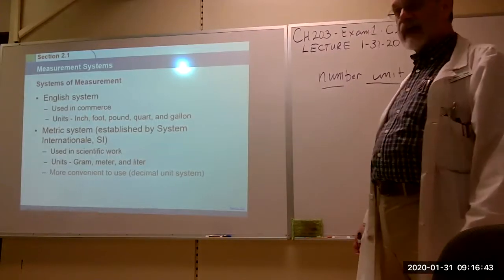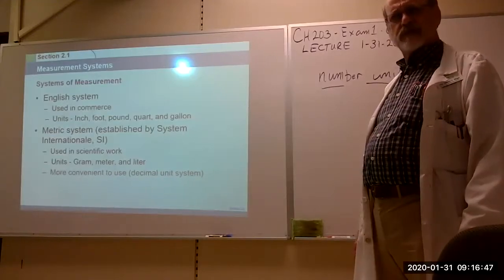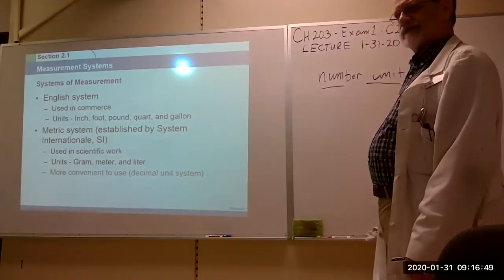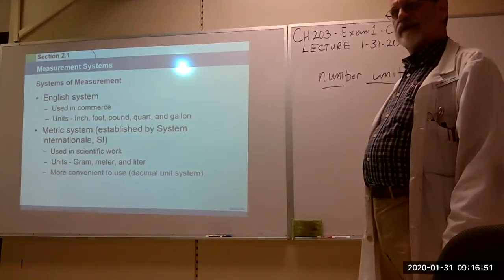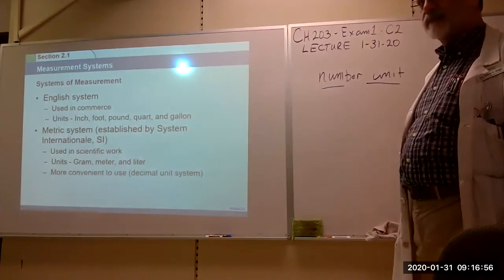Quarts, 4 quarts in a gallon, 2 pints in a quart. What is 2 cups in a pint? I don't know. I want to say 4. Yeah, I think it's 2, and 2 and 4 get up to a gallon.